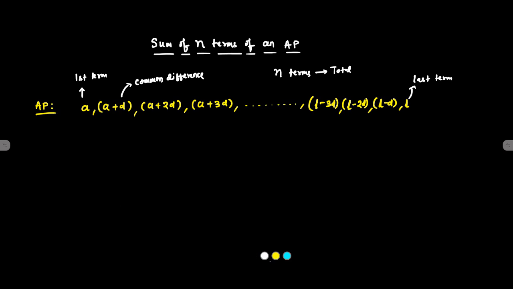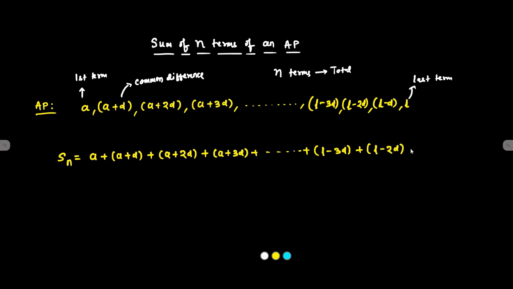So the sum of the n terms, let's call it Sn, the sum of the n terms of this AP, we will write it as a plus (a plus d) plus (a plus 2d) plus (a plus 3d), likewise then from the last, (l minus 3d) plus (l minus 2d) plus (l minus d) plus l.